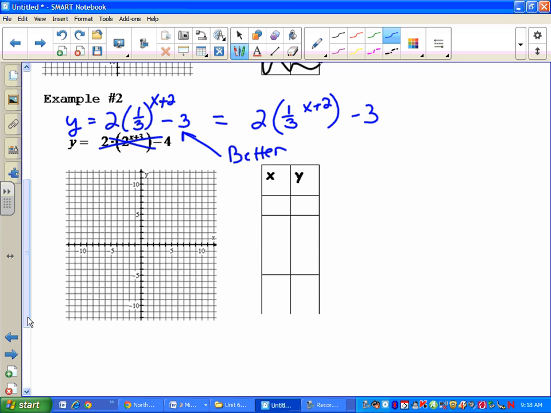That may have been a typo. Okay, here we go. Everybody get your vertical asymptote and your ghost point by yourself. Check with me when you're done.